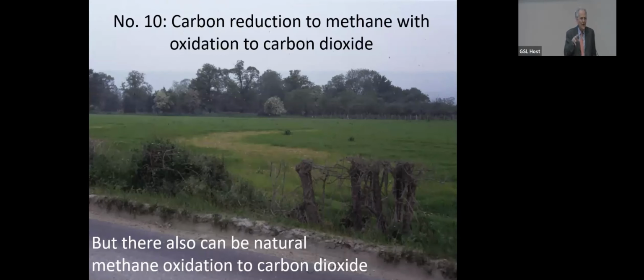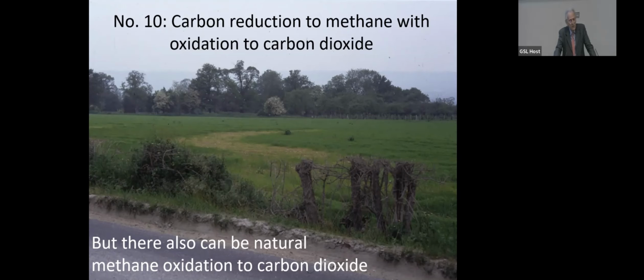Carbon. Carbon's quite interesting because remember I said you've always got to have an oxidation balanced by reduction. Carbon disproportionates. Part of it goes to carbon dioxide, oxidation, part of it goes to methane, reduction, which is why in landfill gas you get roughly 50-50 of carbon dioxide and methane. That's what the bugs do.